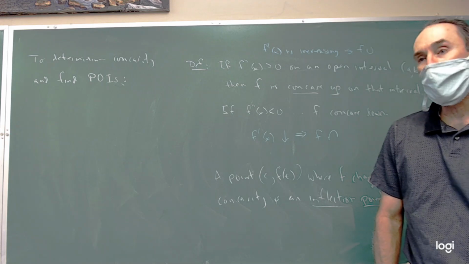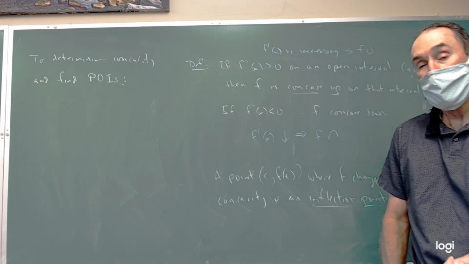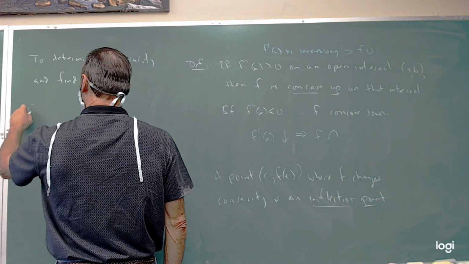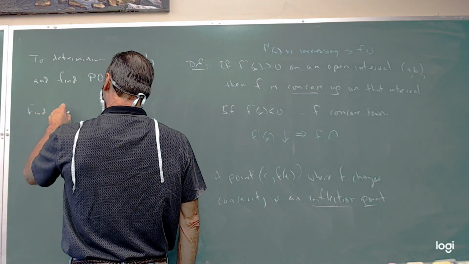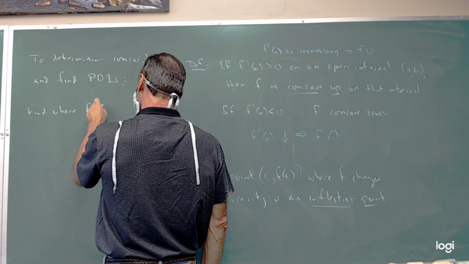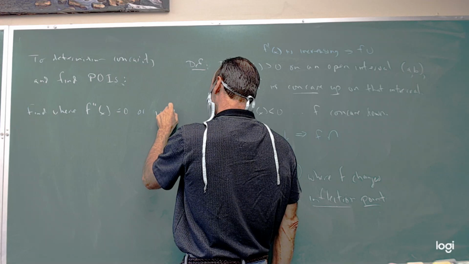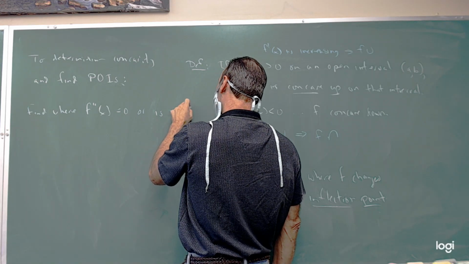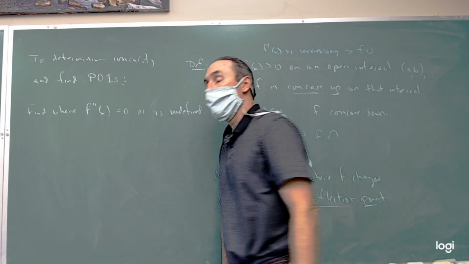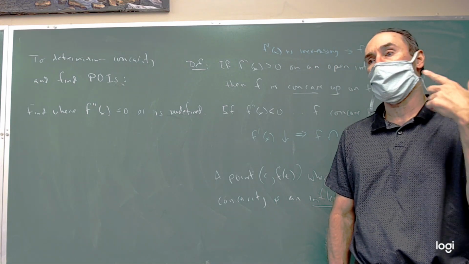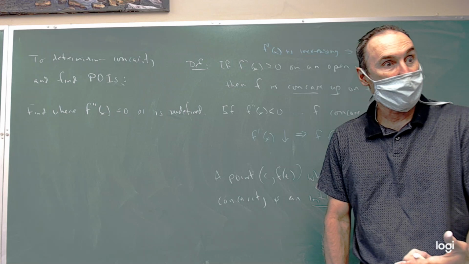We're going to do the same process we did a minute ago with the first derivative with the second derivative. We're going to find where f double prime of x equals 0 or is undefined. Now everybody agrees that where the first derivative is 0 or undefined, we're going to call a critical point.